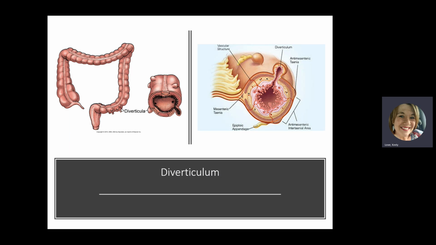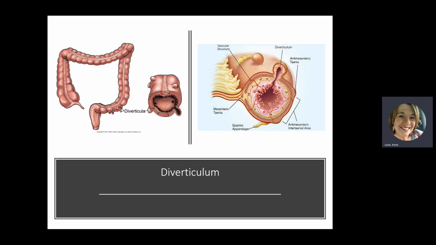So in the large intestine, we said particularly that pressure and stretching of those tissues is in the area at the bottom, because that's where stool is the most condensed. If we have constipation, it kind of sits there. This can lead to something called diverticula.